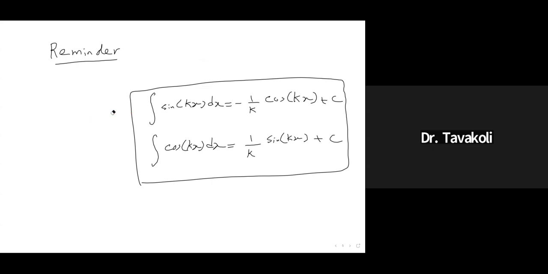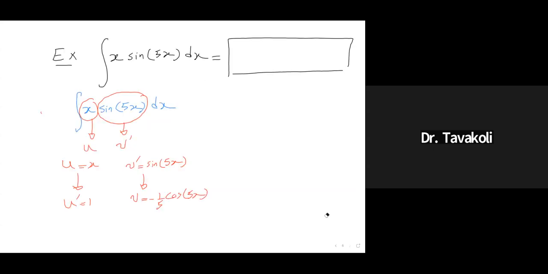As I mentioned here, at this step, we don't need plus c because at the end, we use a plus c when we answer an indefinite integral. So now this integral becomes what? It becomes u times v. This is u, this is v, x times minus 1/5 cosine of 5x.